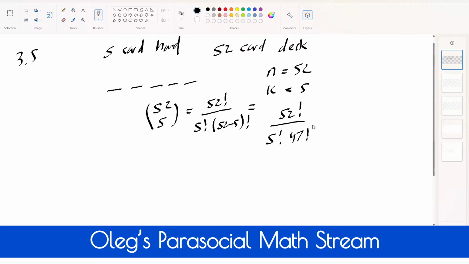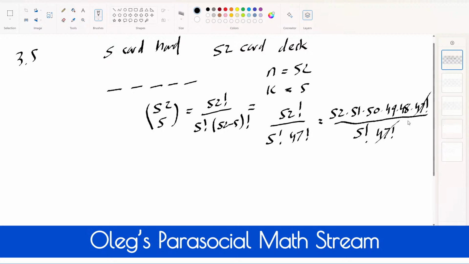Now we're going to expand this out a little bit: 52 times 51 times 50 times 49 times 48 times 47 factorial over 5 factorial times 47 factorial.